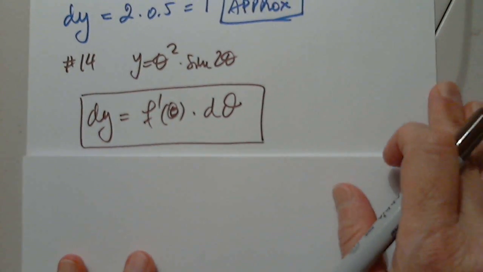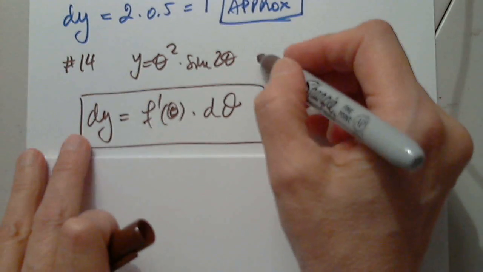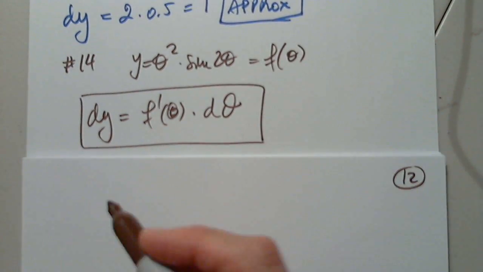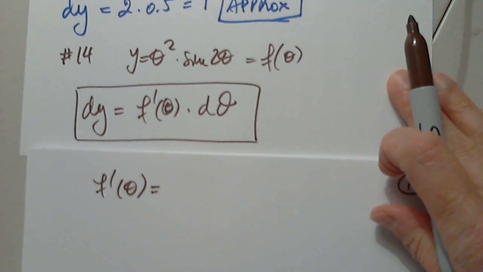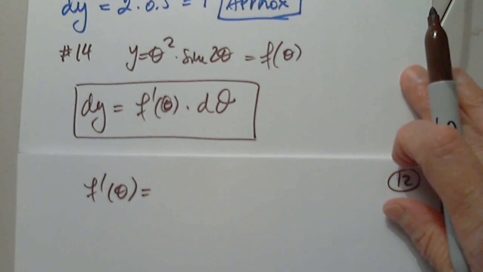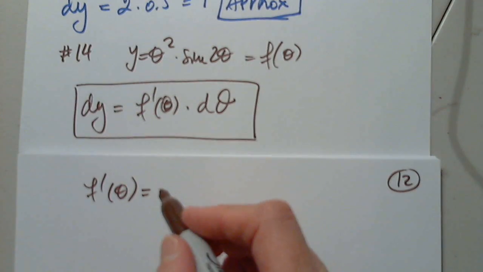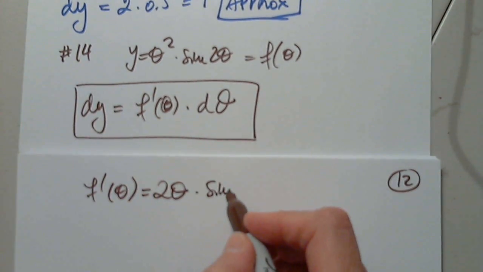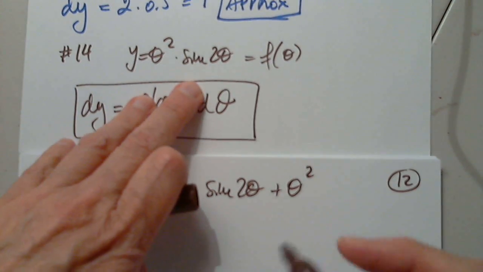Can anyone differentiate y for us? So this is f of theta, f prime of theta. Can anyone differentiate, and which rule applies here? Product rule. Perfect.